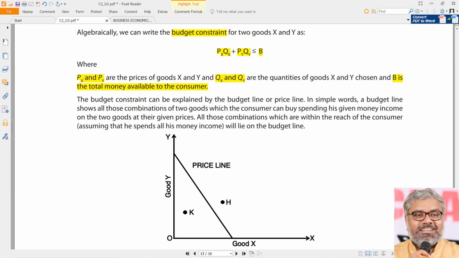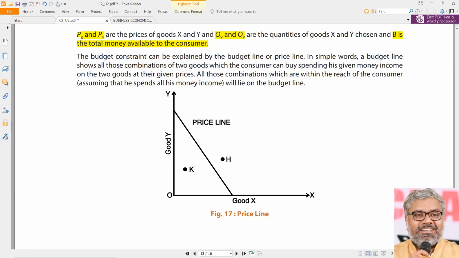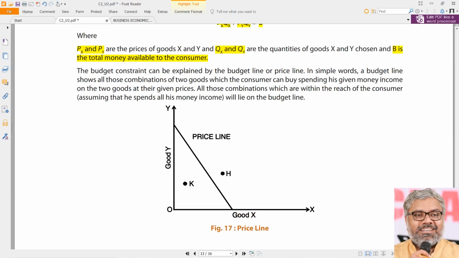That is the budget constraint, and this can be explained by a graph. If we explain it by a graph, then what we call it is the budget line or price line. Simply, what this budget line shows us is all the combinations of 2 goods which the consumer can buy, spending his given money income on the 2 goods at their given prices.